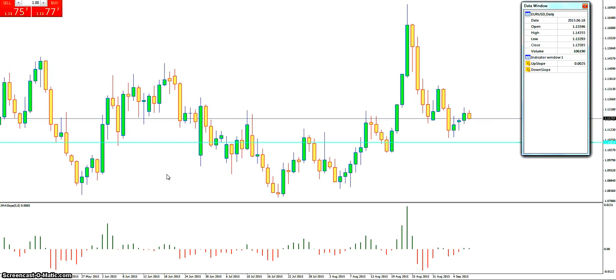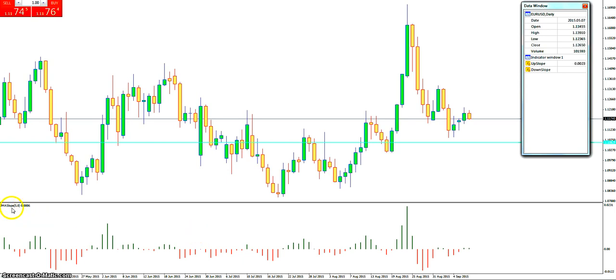So here we have a daily chart of Euro USD, Euro US dollar, and we have just one indicator plotted. This indicator is a custom indicator. I have this one, this can be shared. It's called JMA Slope.